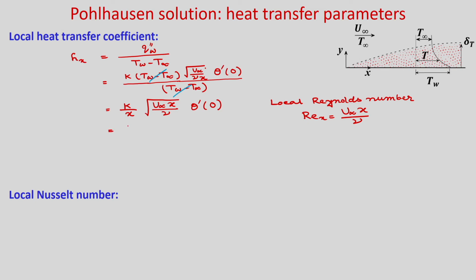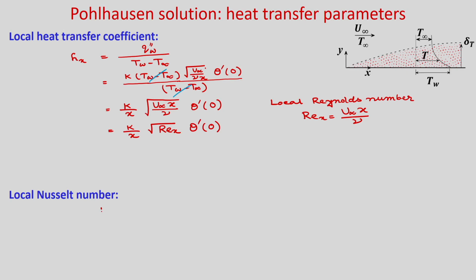So, now you can write k by x, root Re x, theta prime 0. Now, once you know the local heat transfer coefficient, you can calculate the local Nusselt number, because you know the definition of the local Nusselt number as h x times x by k.